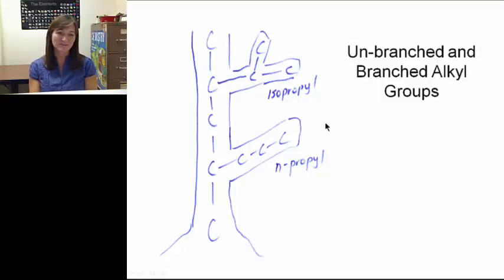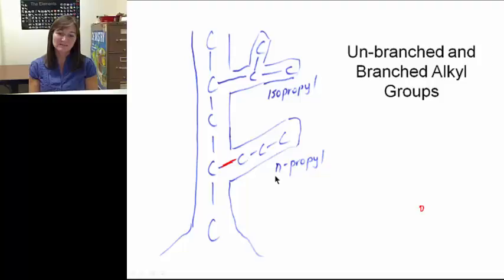So this is my tree right here, which is going to be my longest carbon chain, which is going to be called the parent chain. So the longest chain is like the trunk of our tree, and then we've got 2 branches coming off. This first branch down here on the bottom is just 3 carbons in a row, and it's branched off of my trunk on an end carbon.